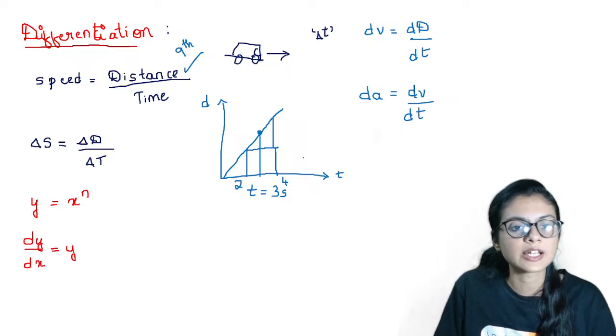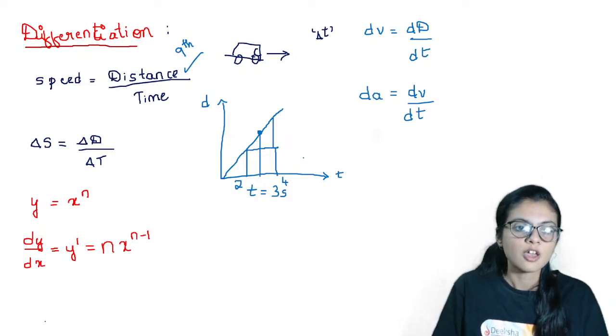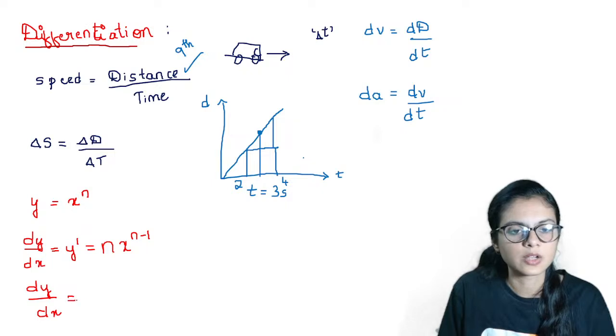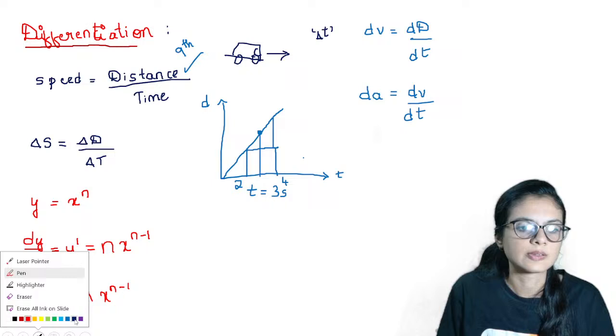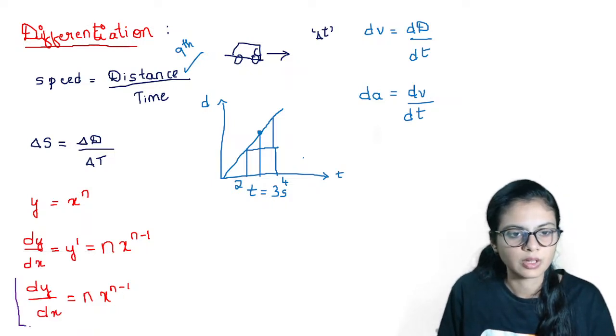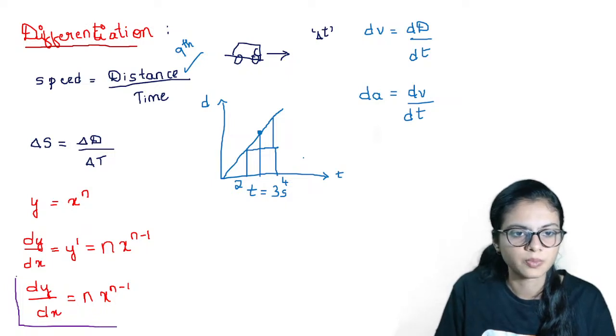It can also be represented with y dash. Both are the same. So when I differentiate, this is an important formula: if I differentiate x power n, it turns out to be n into x power n minus 1. From this one formula, let me write it here. dy by dx is equals to n into x power n minus 1. This is the formula. Let me just highlight this.